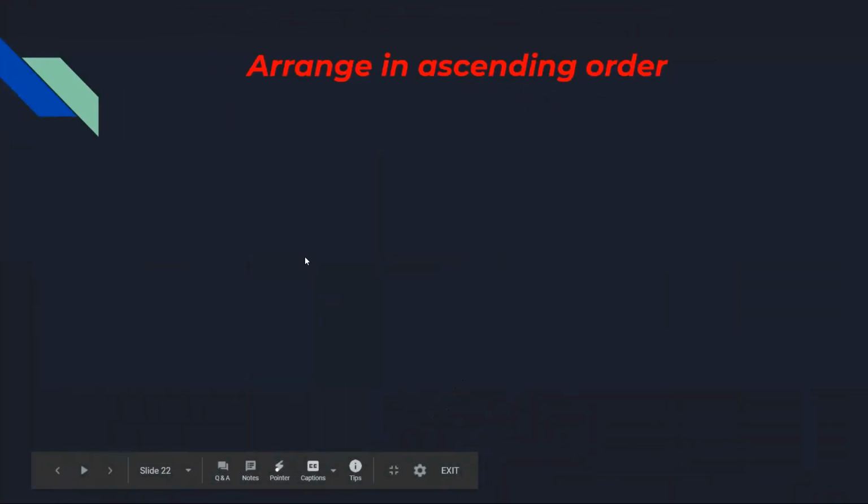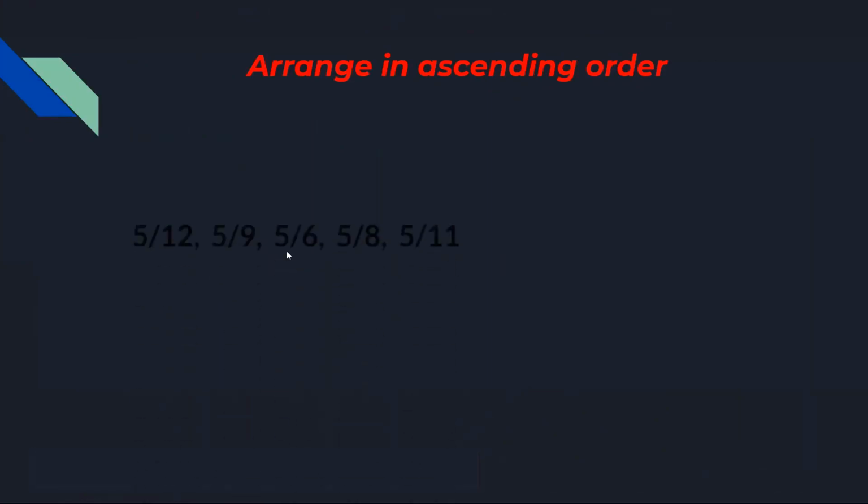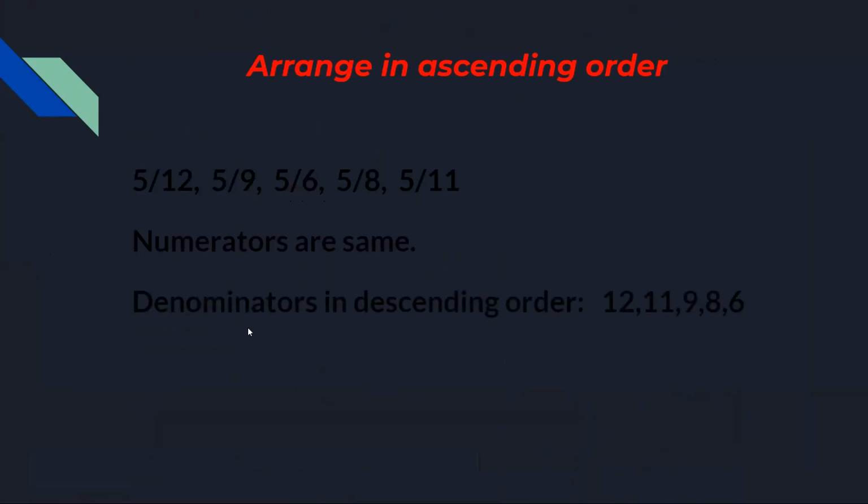Now we will take another example where the denominators are not the same, but the numerators are the same. In this sum, all the numerators are 5. So we will write the denominators in descending order: 12, 11, 9, 8, 6.